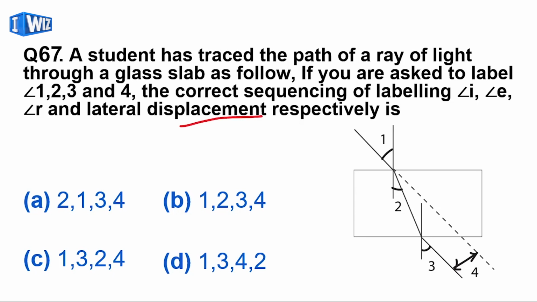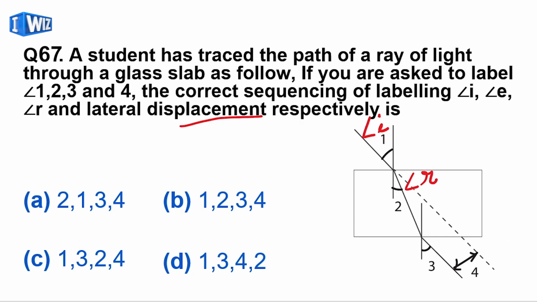So which is the right option? Angle of incidence is obviously this one, angle 1, because the angle made by an incident ray with the normal is called the angle of incidence. The angle made by the refracted ray with the normal is angle r.